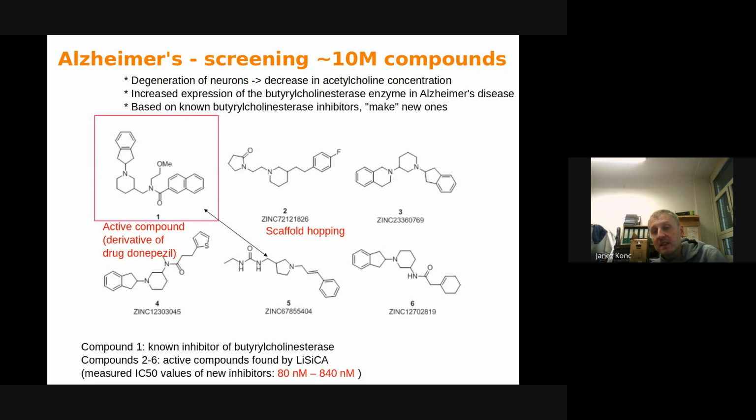So I'm going to present briefly how we successfully used this approach to find some new inhibitors that were later shown experimentally to work in a model Alzheimer's disease test. Alzheimer's disease is a disease of neurons, the degeneration of neurons, in which the acetylcholine concentration is decreased.